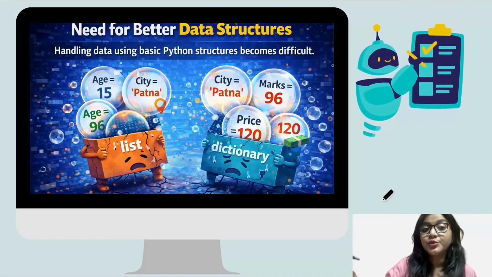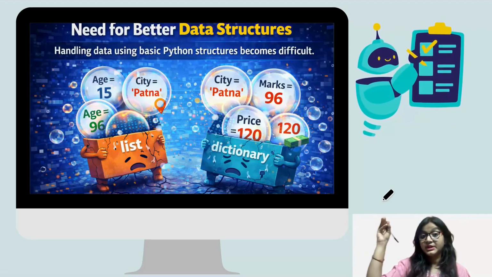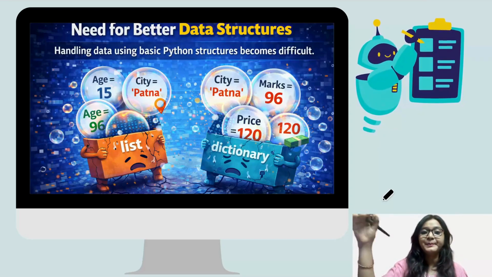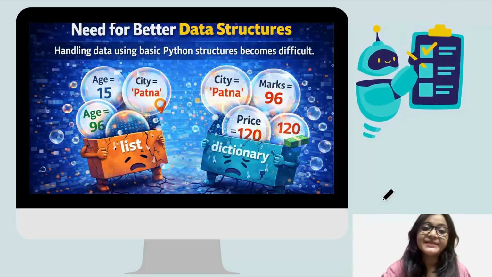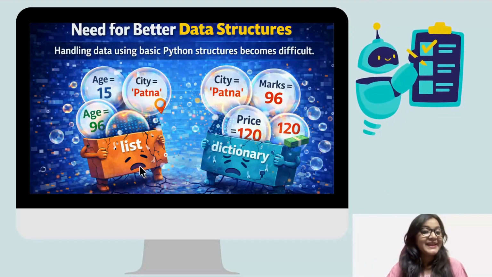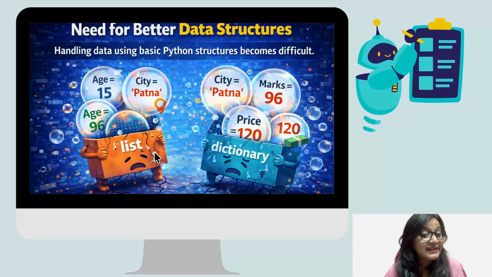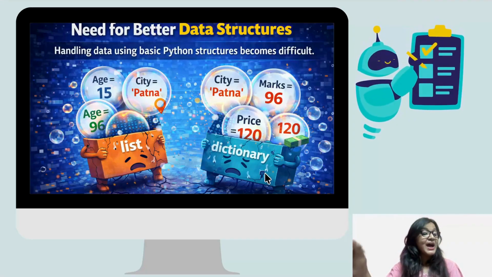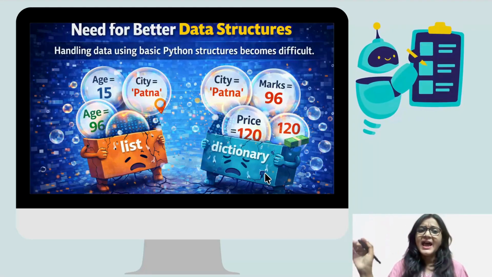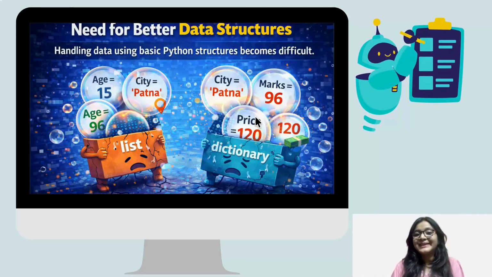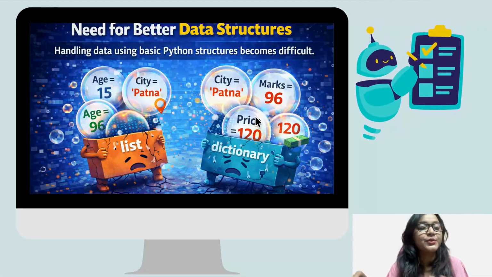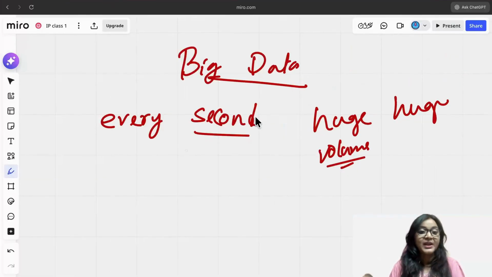To handle such huge data, or big data, we need better data structures. In Python we already had lists and dictionaries, which you learned in the previous class, and they are not sufficient to handle such data. I'll give you an example.